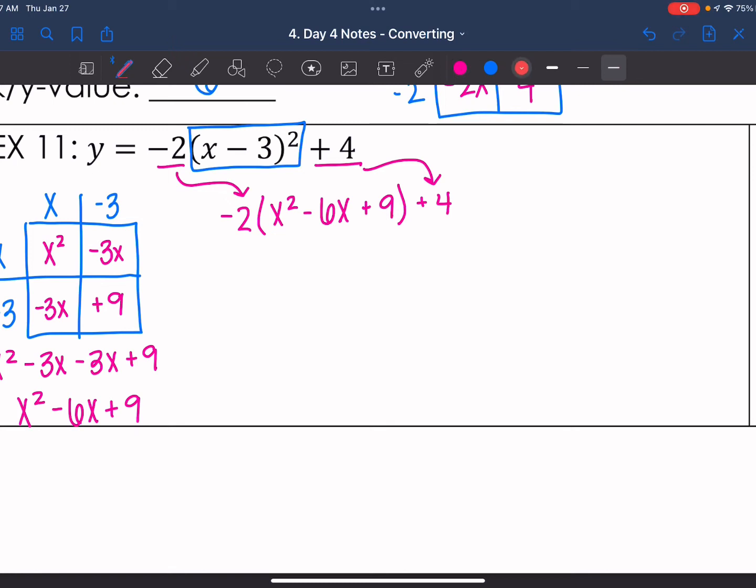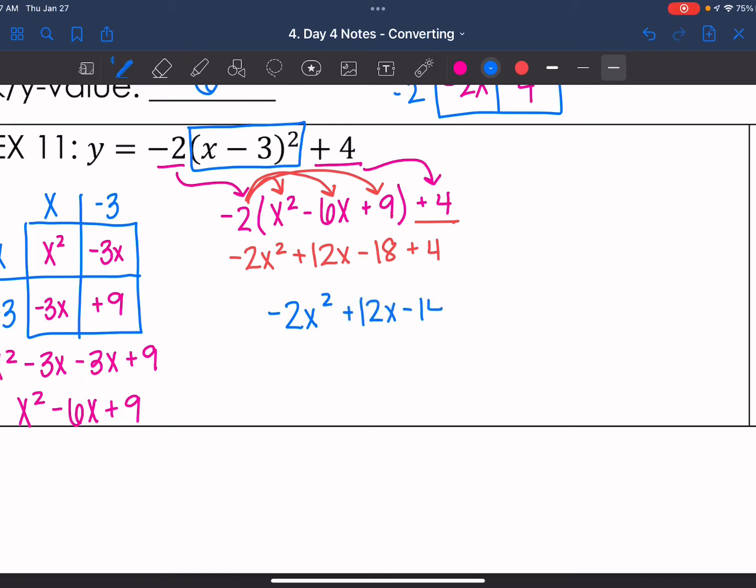Now I will distribute that -2 to everything within my parentheses to get -2x squared plus 12x minus 18, and then I'll bring down that plus 4. My last step is to combine my like terms to get my final answer of -2x squared plus 12x minus 14.